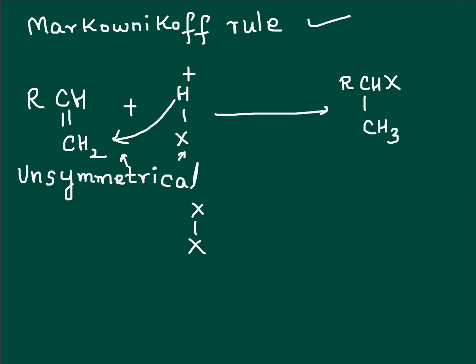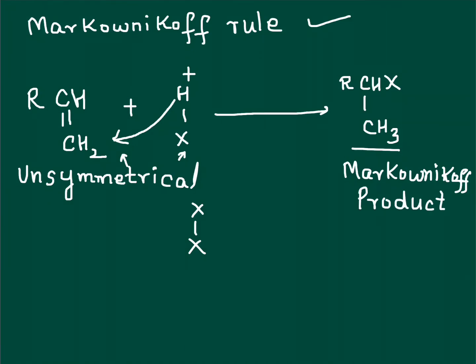This is called the Markovnikov rule, and the product that we've got over here would be called the Markovnikov product, a product which is formed according to the Markovnikov rule, and that is what you will notice in the flow chart that I have drawn.